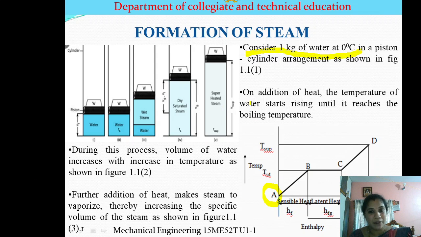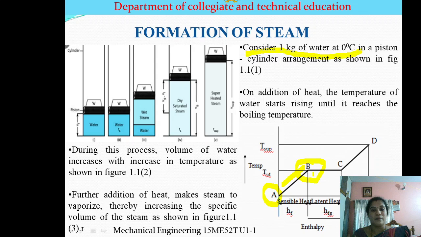When we start heating this water, there will be a rise in temperature of the water. The temperature of the water starts increasing till it reaches the point called the boiling point, or boiling temperature.